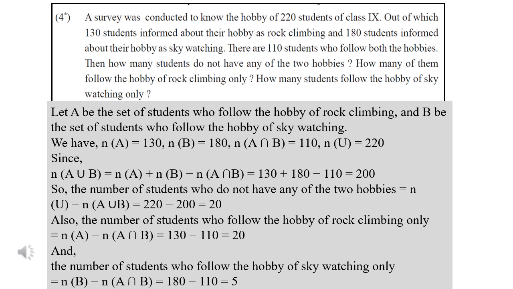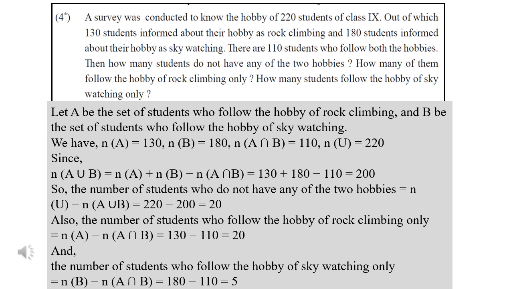So we are going to first find our union. Okay, so we have our formula. n(A union B) is equal to n(A) plus n(B) minus n(A intersection B), which is 130 plus 180 minus 110, which gives me 200.